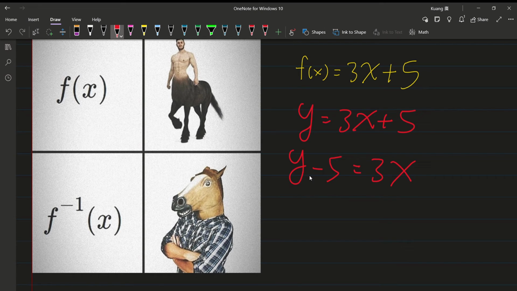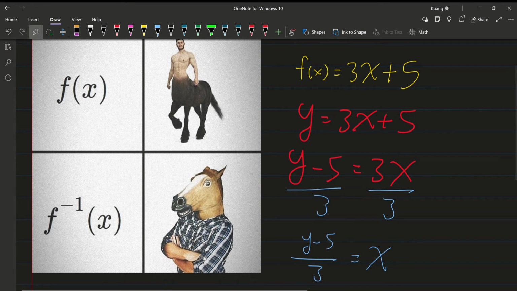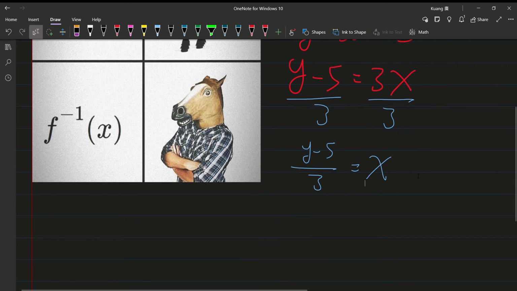So y minus 5 equal 3x. And I want the coefficient of x to become 1, so I divide by 3 on both sides of the equation. So I got y minus 5 over 3 equal x. Now it's only x on the left side of the equation and the coefficient is 1. So I'm almost done.